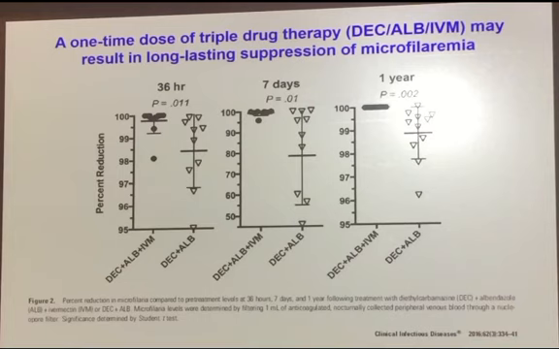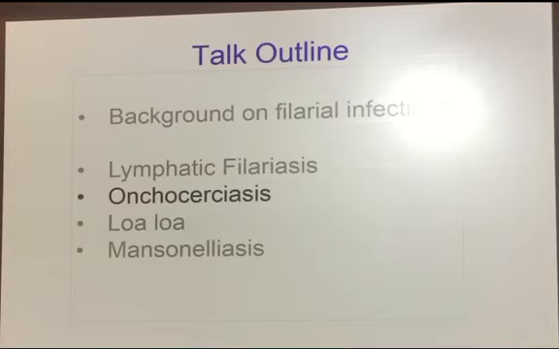And then this is the newest thing in the eliminating lymphatic filariasis front, which is if you combine DEC, albendazole, and ivermectin, you can probably decrease microfilaremia for over a year. So in areas where it'll be safe to give DEC, which is basically areas where there isn't Loa, the WHO is thinking of adopting this strategy because maybe you don't need to go back to these communities quite so often to get elimination.